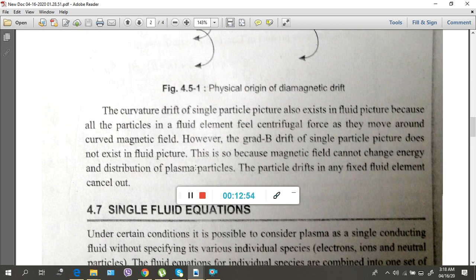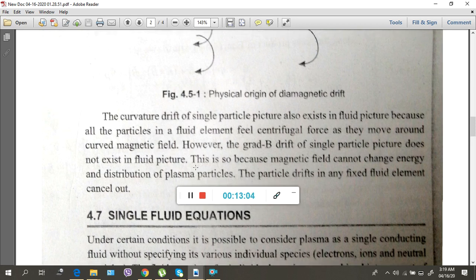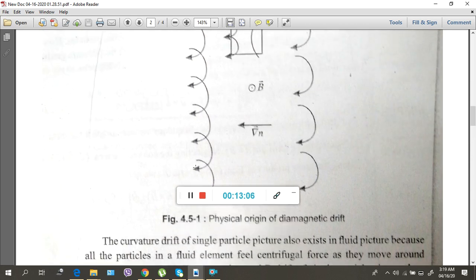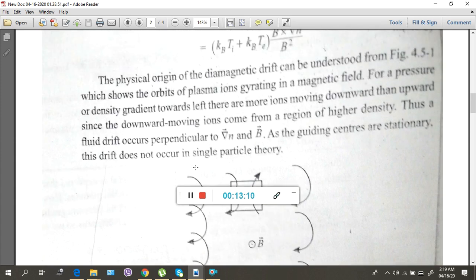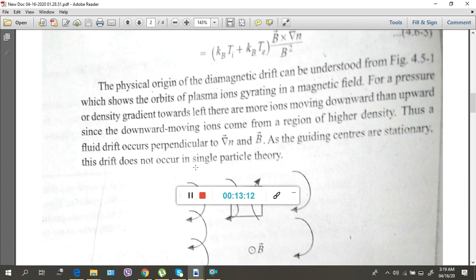This is so because a magnetic field cannot change the energy and distribution of plasma particles. The particle drifts in any fixed fluid element cancel out. We ignore as much of the theory, so write only this theory, and this diagram is important. Clear, students?